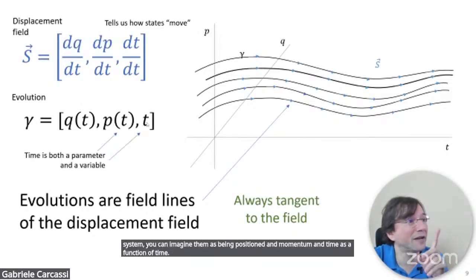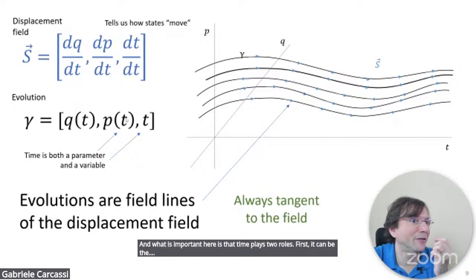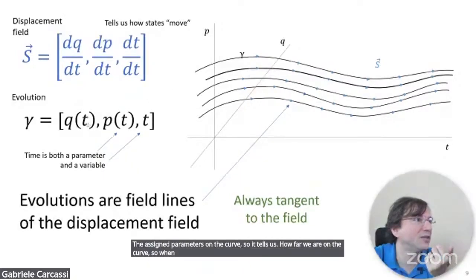And what is important here is that time plays two roles. First, it can be the affine parameter on the curve. So it tells us how far we are on the curve. When we are changing this time, we are going along the curve. Or t can be a variable. If we're changing t itself, we're just going along one of the axes.